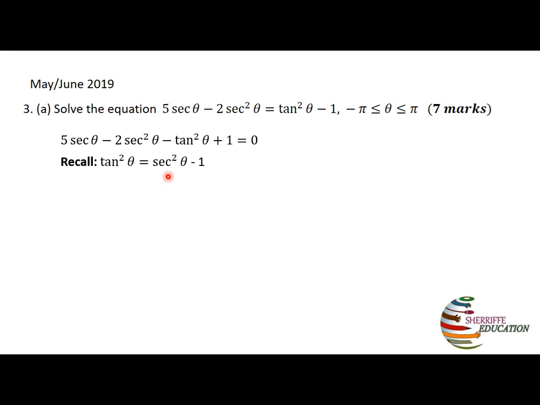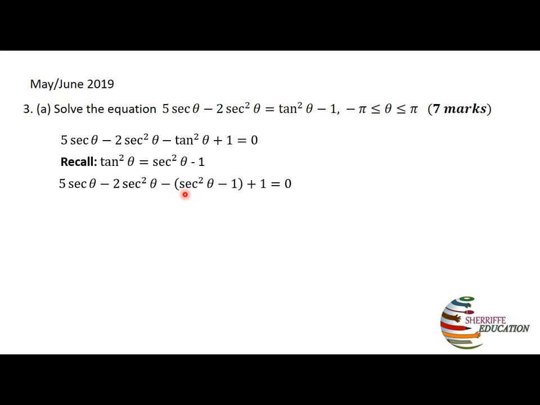So substituting this for tan squared theta gives us 5 sec theta minus 2 sec squared theta minus, now it's always good to substitute and use our brackets, because in some cases persons will substitute and not use their bracket and they would end up with a minus 1 here, which you'll see when we distribute this negative sign, it should have been a plus 1.